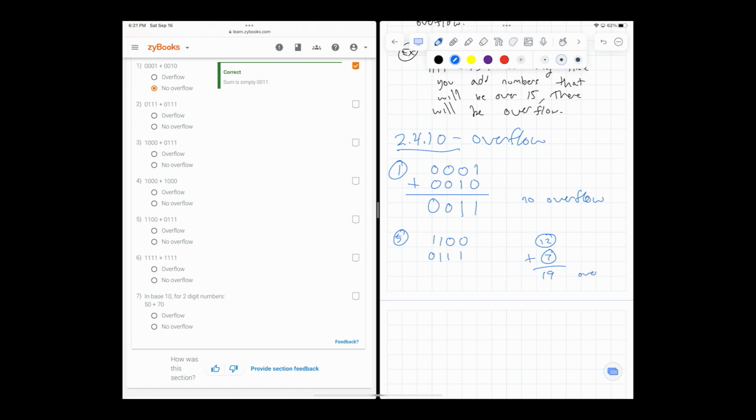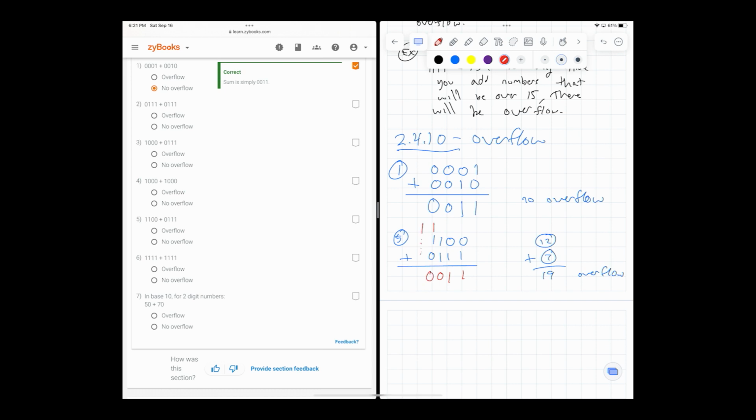So there should be overflow because that's over 15. But if you go and you add it, then we'll just get what we get. 0 plus 1 is 1. 0 plus 1 is 1. 1 plus 1 is 2, so you go 0, 1. And then 1 plus 1 is 2, so you go 0, 1.